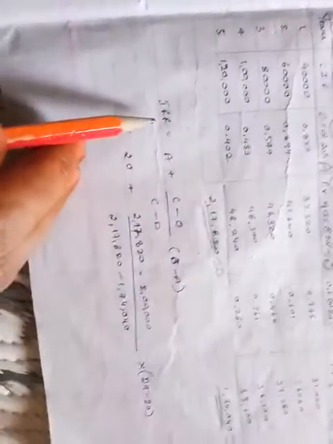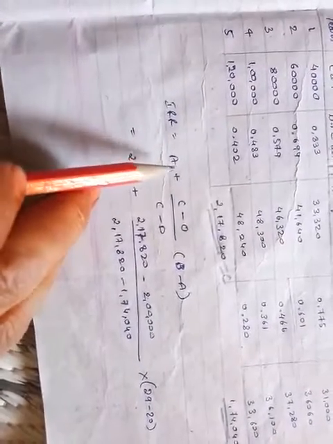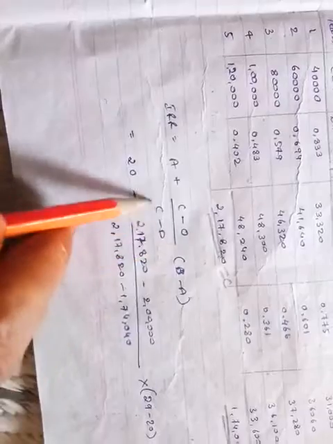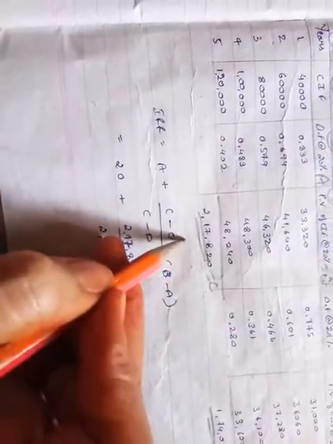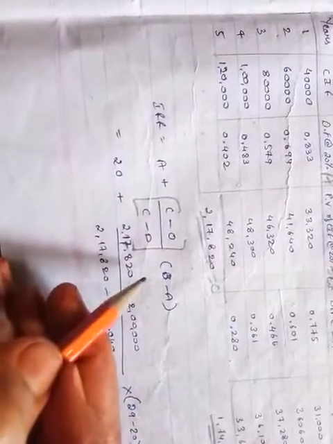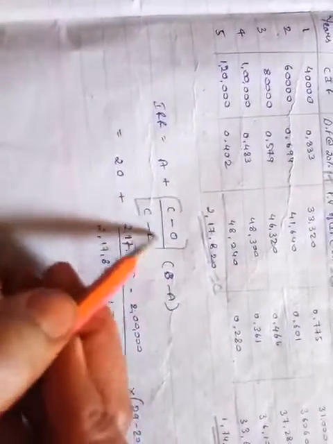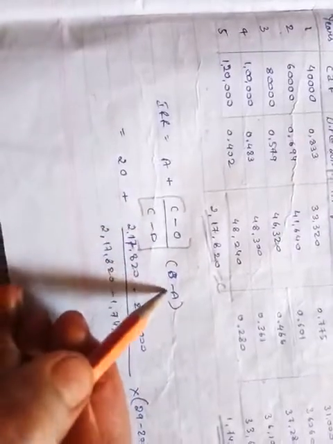Now we have calculated the required figures. So we have the formula to calculate IRR, that is, again I am explaining it, A plus (C minus O divided by C minus D). We should put a bracket here to avoid confusion in the mathematical calculation. So A plus (C minus O divided by C minus D) into (B minus A).